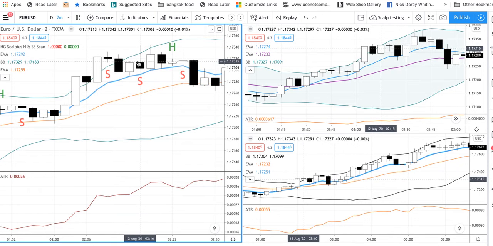Immediately after that, a new setup forms. So we have a double top, double high of 34.3, and touch of the Bollinger, lower close, higher close. Now, this is really interesting. So the low here is 30.7. So our entry point is the nearest half pip or 4 pip below.